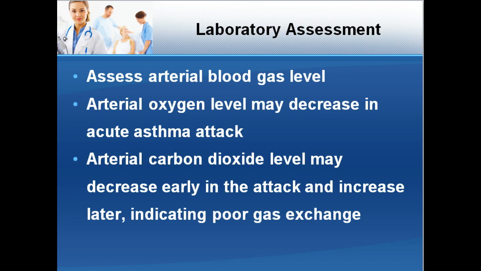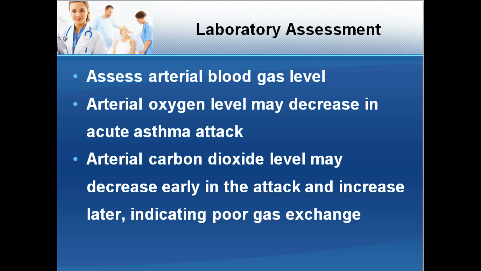But initially, when a person has an acute attack, their oxygen is going to decrease. Early on their CO2 may also be low, but as time goes on and they're not exchanging oxygen, the carbon dioxide level will increase.